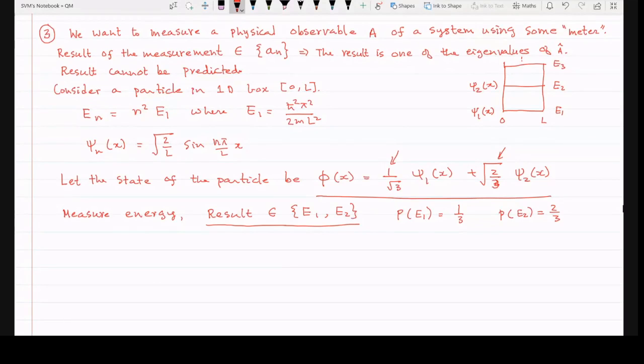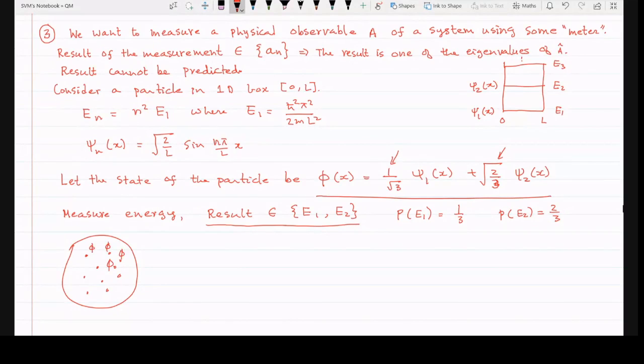So suppose you consider, let's say I have several particles, and each particle is made in the same state phi. So the state of this particle is phi, etc. They are all identically prepared.